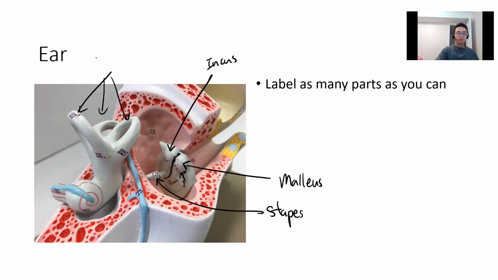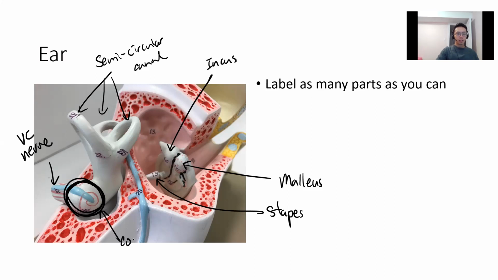Semicircular canal. The nerve that we talk about, the vestibulocochlear nerve. Let's just call it the VC nerve for short. This shell here, that is the cochlea.